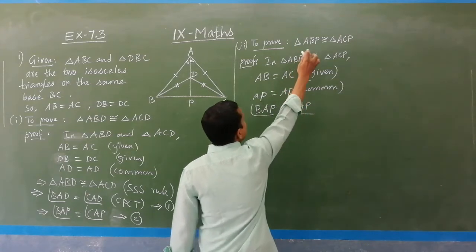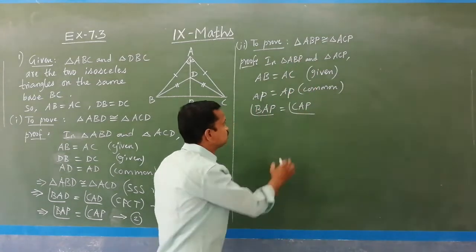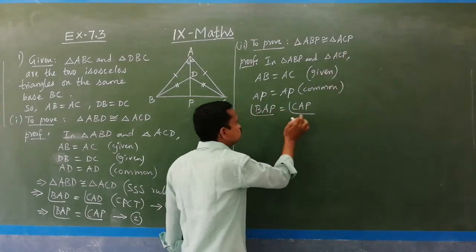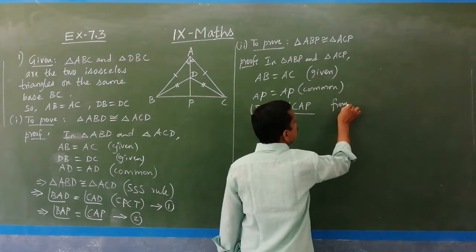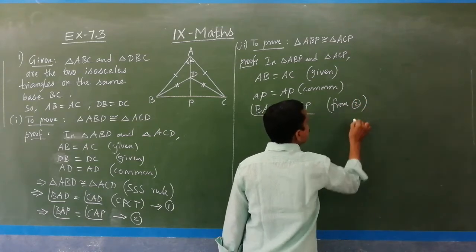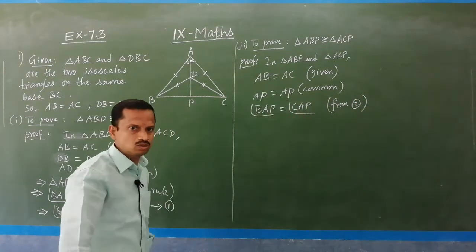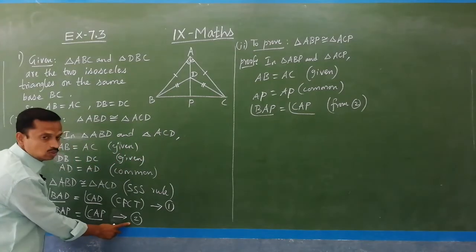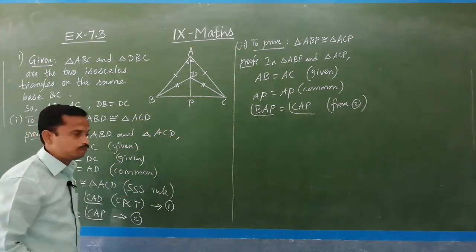You see BAP from this triangle and CAP from this triangle, these 2 angles are equal. The reason: from equation 2. You put 2 and circle it, that is called an equation number.